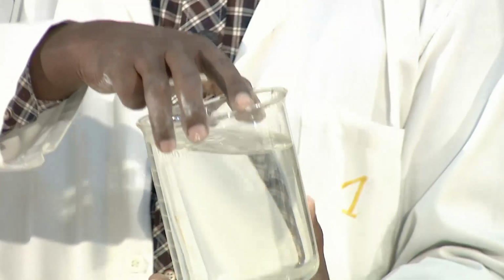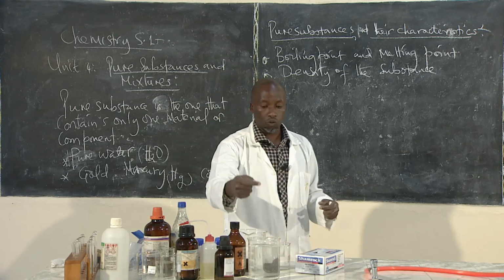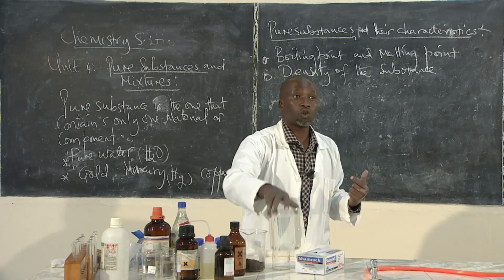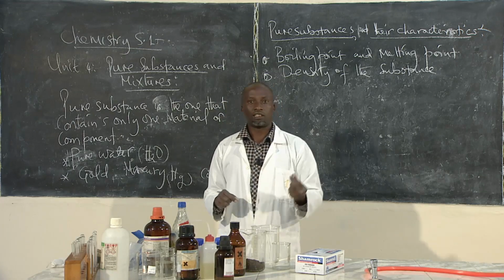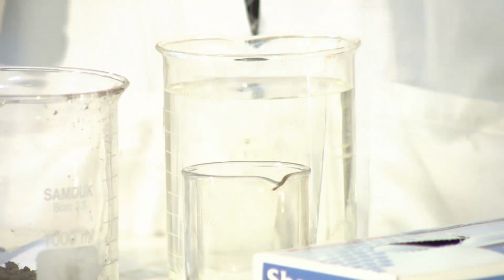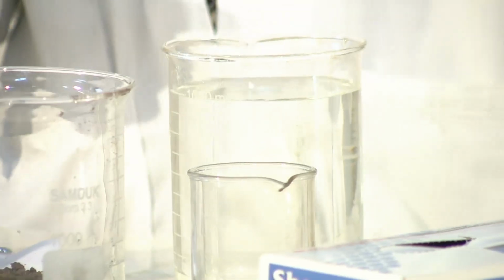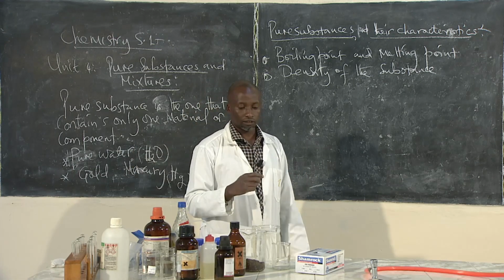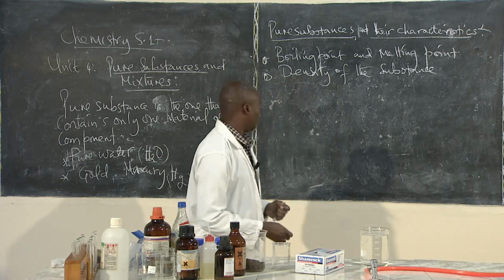And again, you need to determine the density, because we are aware that the density of water is 1 gram per cubic centimeter. So if you determine the density and you find it is 1 gram per cubic centimeter, then you can easily confirm that this is liquid water.